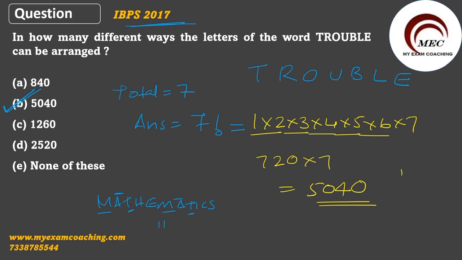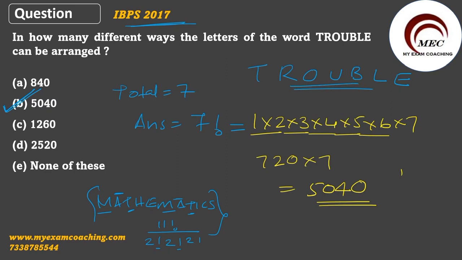That is why we wrote 11 factorial divided by 2 factorial for M, 2 factorial for A, and 2 factorial for T. But in this word trouble, there is no repetition.